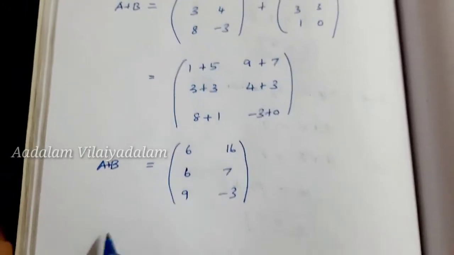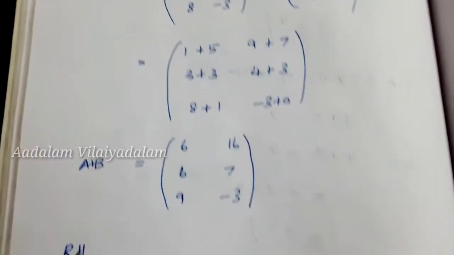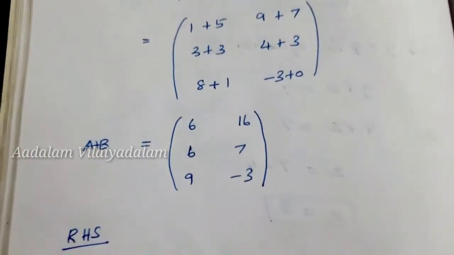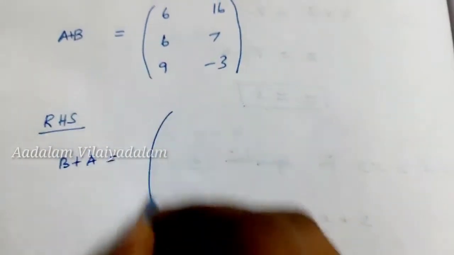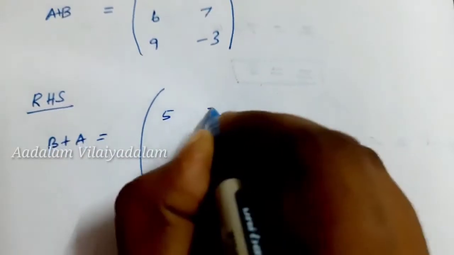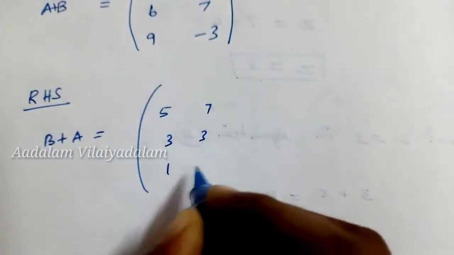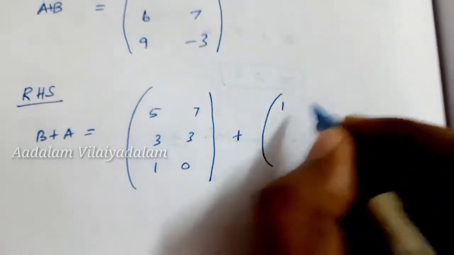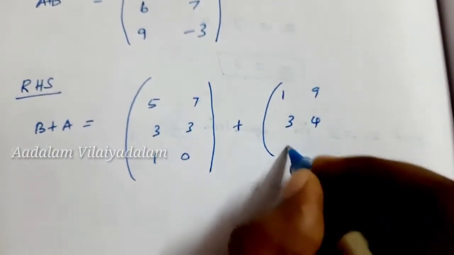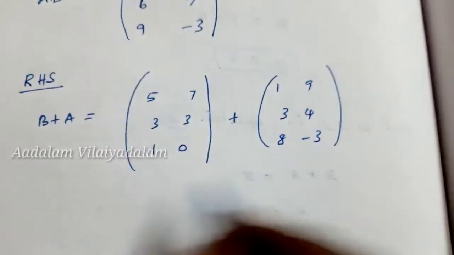Now let's go for the RHS, that is B plus A. So what is the B matrix? 5, 7, 3, 3, 1, 0. Same procedure with A: 1, 9, 3, 4, 8, minus 3.